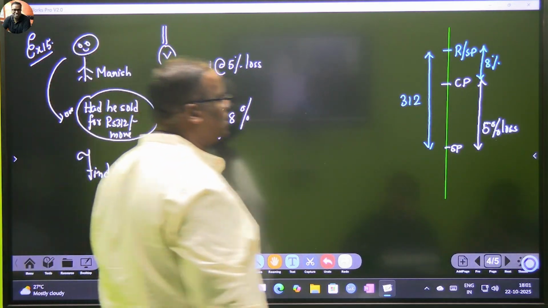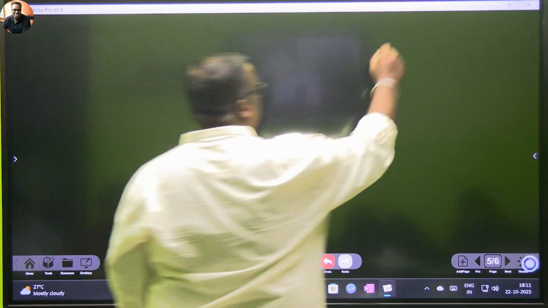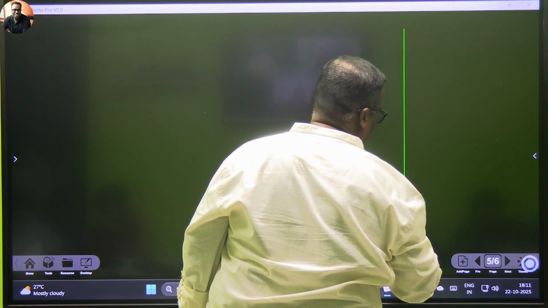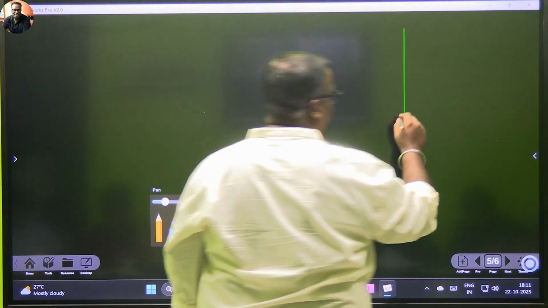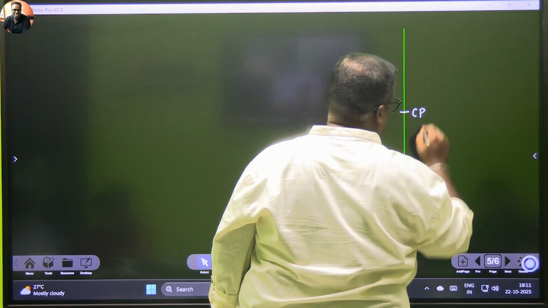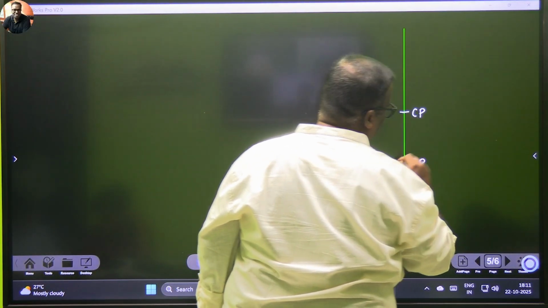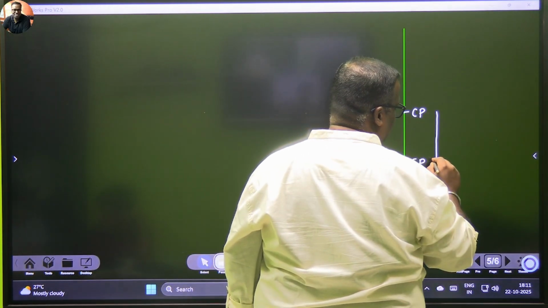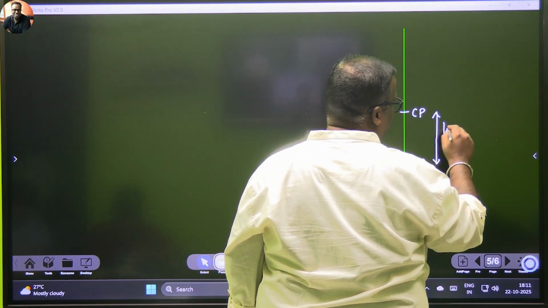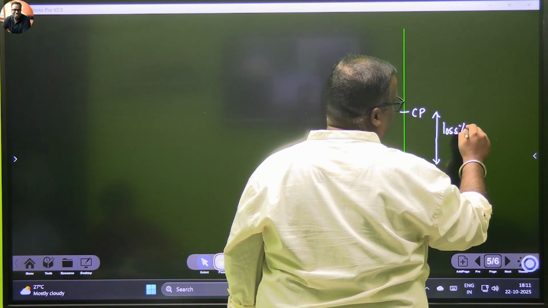So let's start. Our problem is this way. We have a cost price and we have a selling price. The loss percent is 5%.